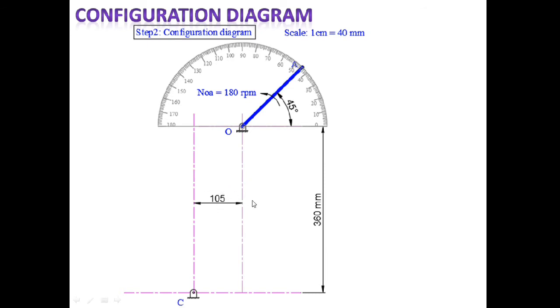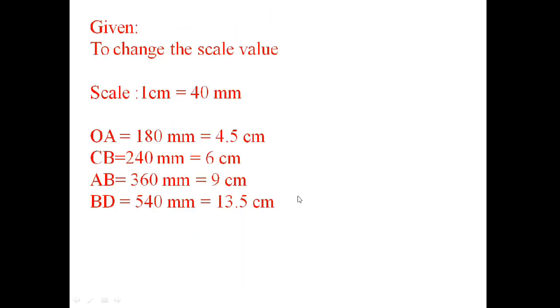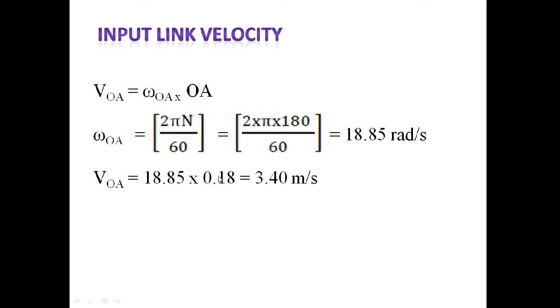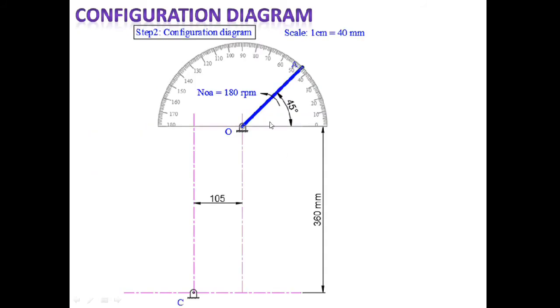Then this horizontal line is offset from here to top with the length of 360. For the scale, we already consider that 360 is 9 centimeter. This is a scaled value, and then both intersect at the point O.